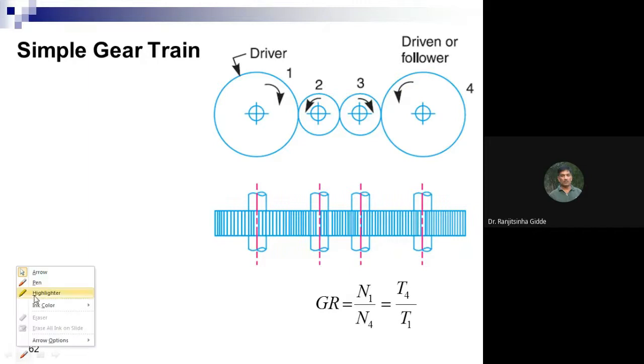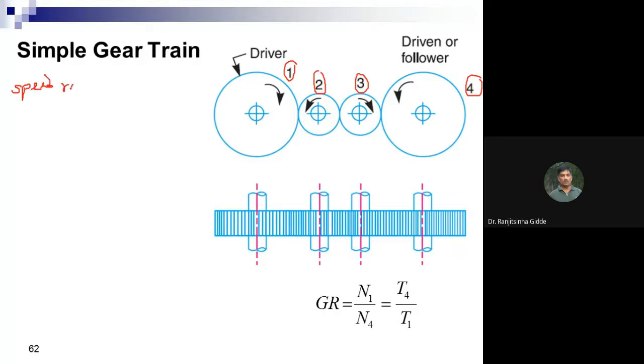Now this is the combination: gear number 1, gear number 2, gear number 3, and gear number 4. So speed ratio is equal to n1 upon n2.